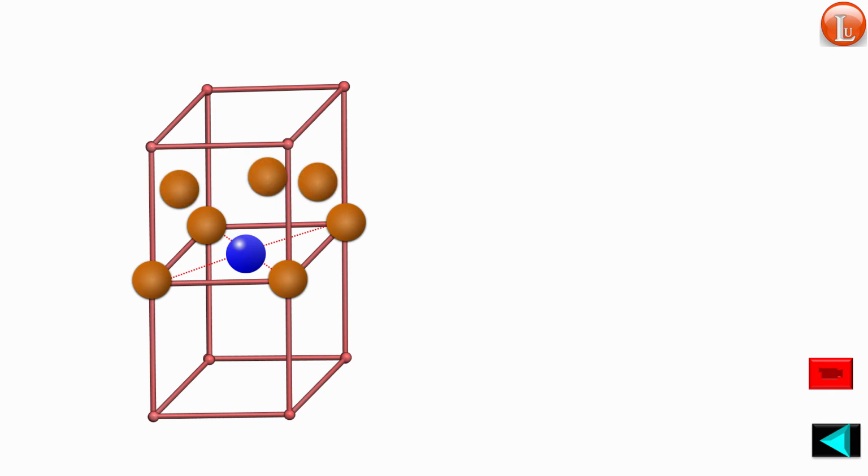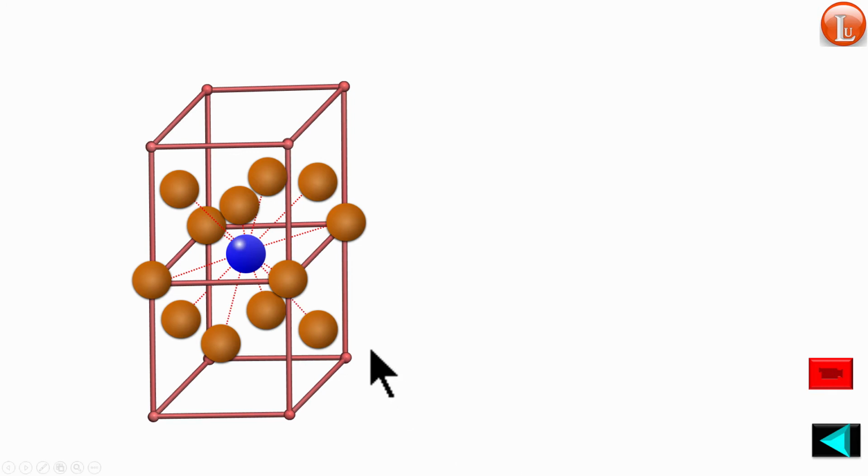There are 4 face centers on the sides of this. This touches these 4 as well. Now why it touches these 4 as well is something I'm going to show in a short while. But please understand, it will touch these 4 as well. So it is touching these 4, that makes 8. Similarly, it will touch these 4 face centers, the side face centers of the bottom unit cell. That makes it 4 more, and that is 12.